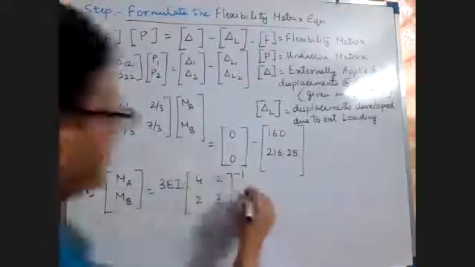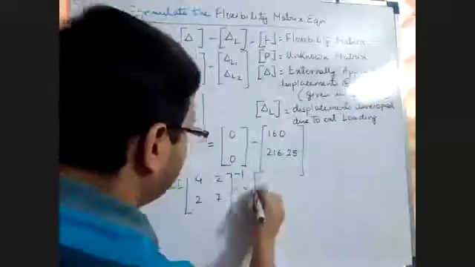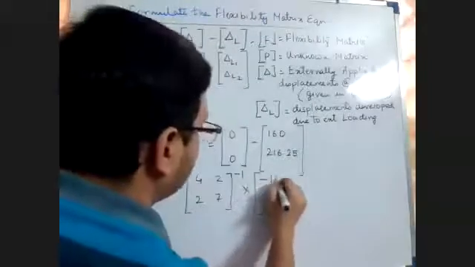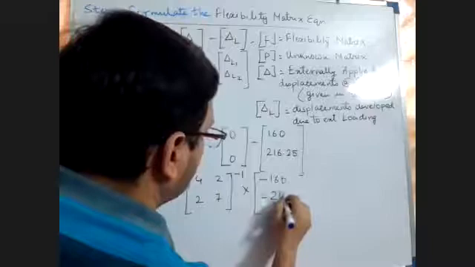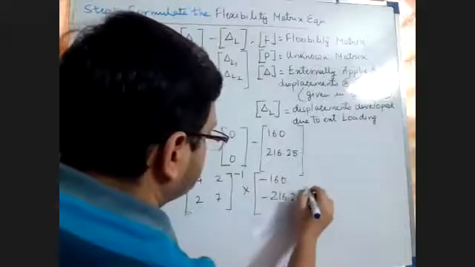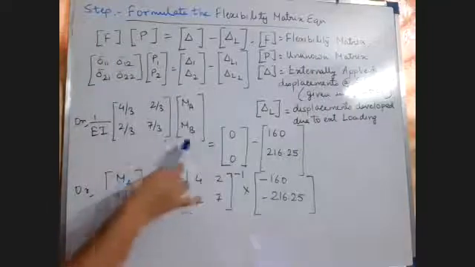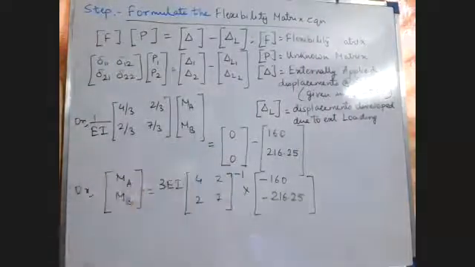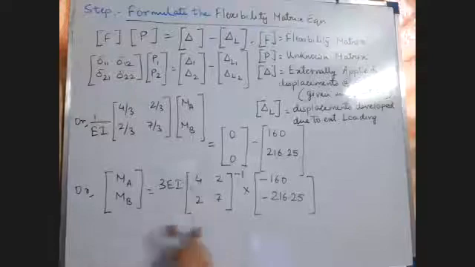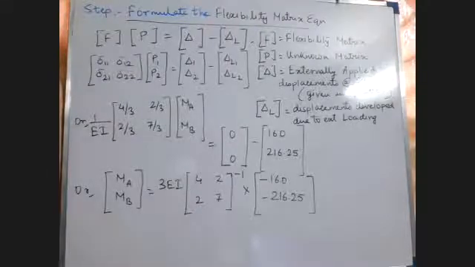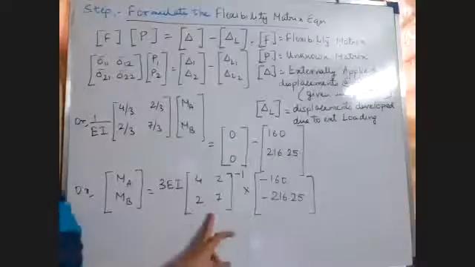We have to invert the matrix. Then the inverse of this matrix will be multiplied with this column matrix. So MA and MB, if I cross multiply, I have to do the inverse of this matrix.